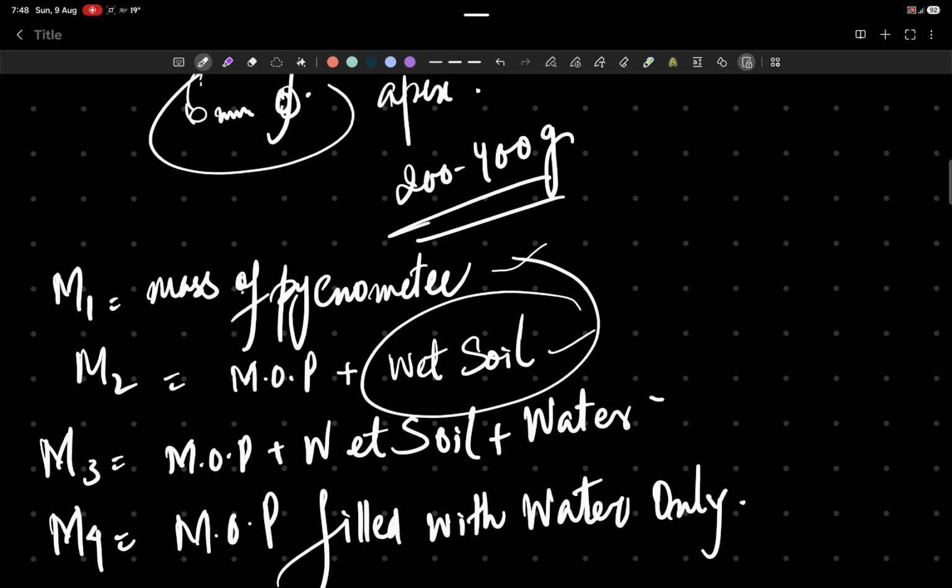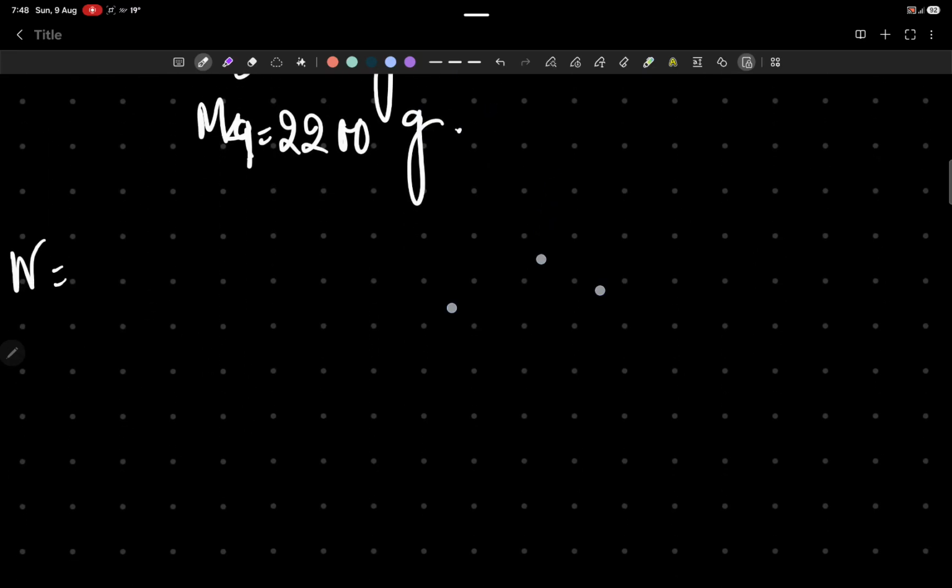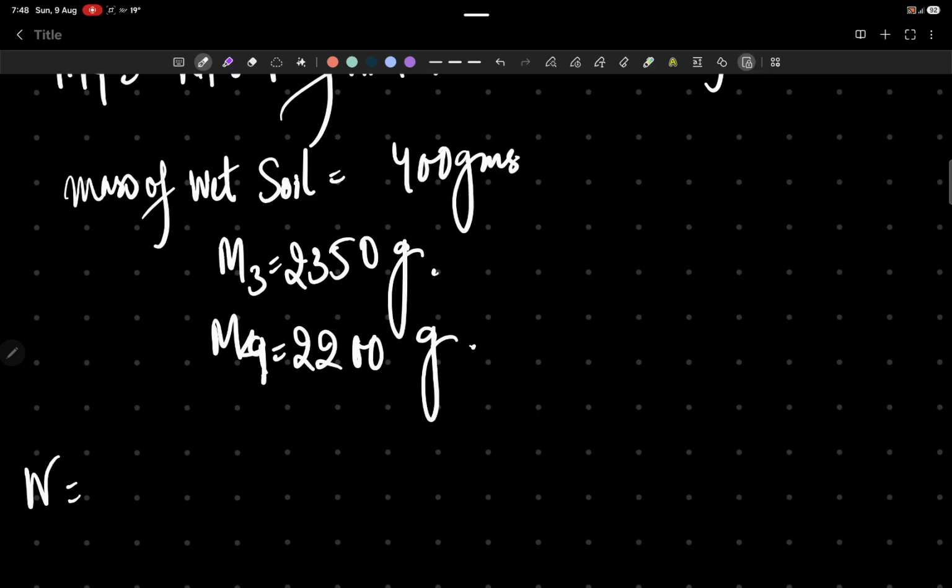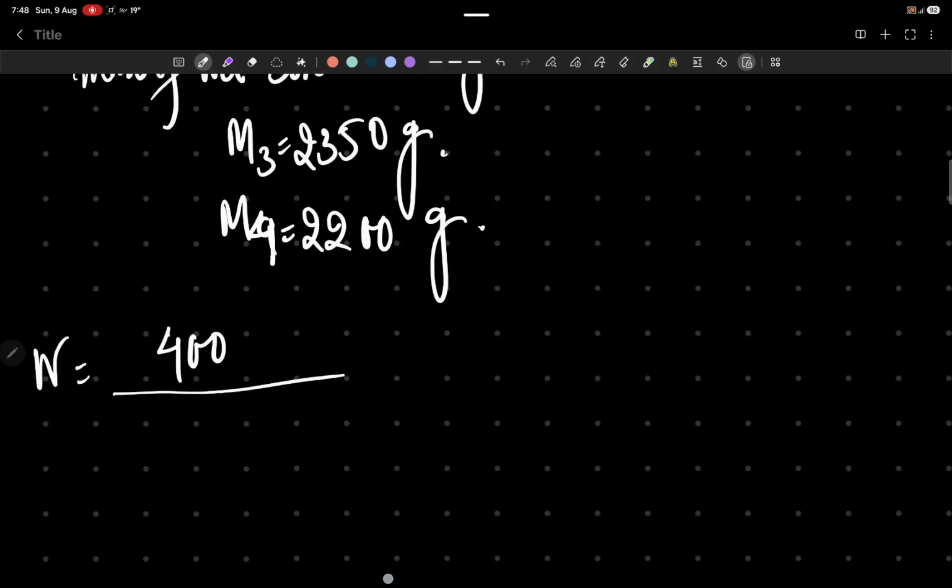So this and this will cancel out, and we will only be having mass of wet soil. So here I'll be placing mass of wet soil because I don't have M2 and M1 separately. So it becomes 400 divided by M3 minus M4. M3 is 2350. M4 is 2200.